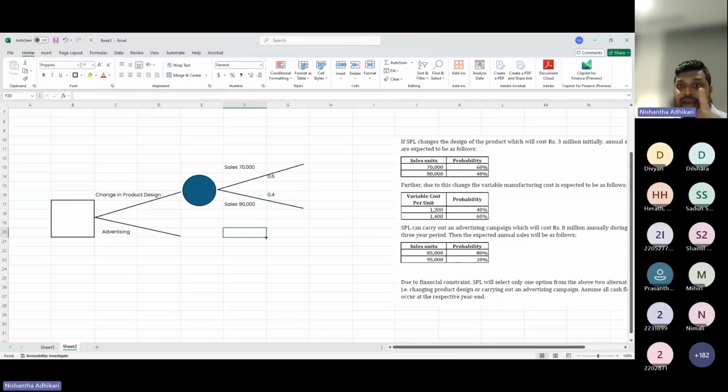Right. In addition, not only that, it says variable cost can be either 1,300 or 1,400, right? Again, I need to introduce an outcome point.